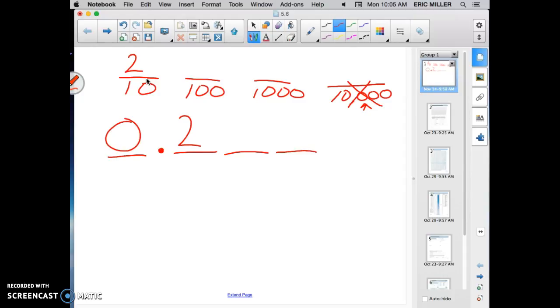Up here there's no whole number, so technically there's that. And I would read the mixed number the same way, 0 and 2/10. So you notice that if I read the fraction, 0 and 2/10, and if I read the decimal, 0 and 2/10, it sounds exactly the same. So if it sounds the same, it is the same. You've done it correctly. Okay.